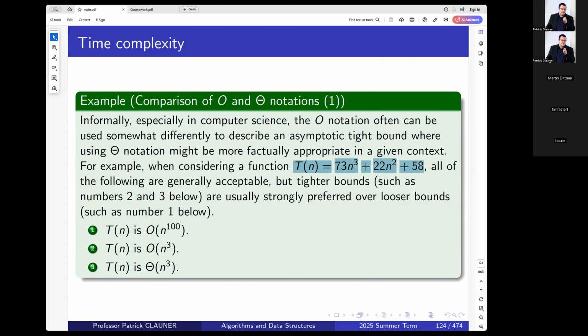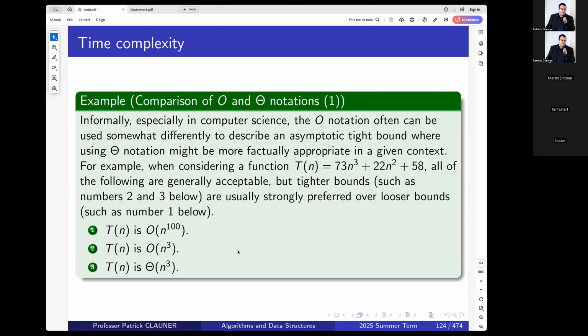And we count like this the number of primitive operations. And if we have this T of n, we can obviously say that T of n is O of n to the power of 100. N to the 100 is an upper boundary of our term T of n.